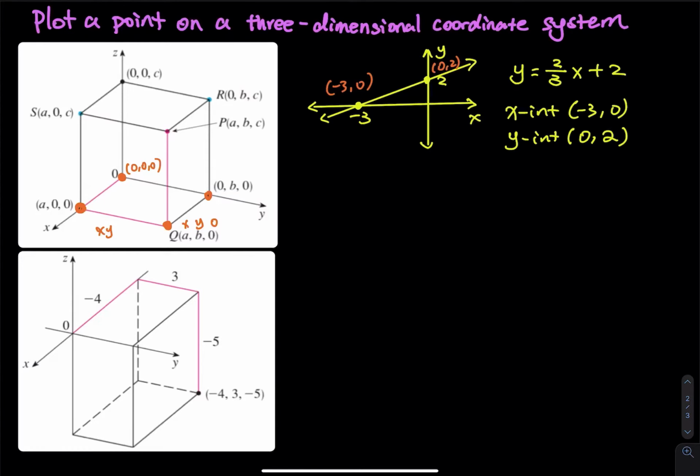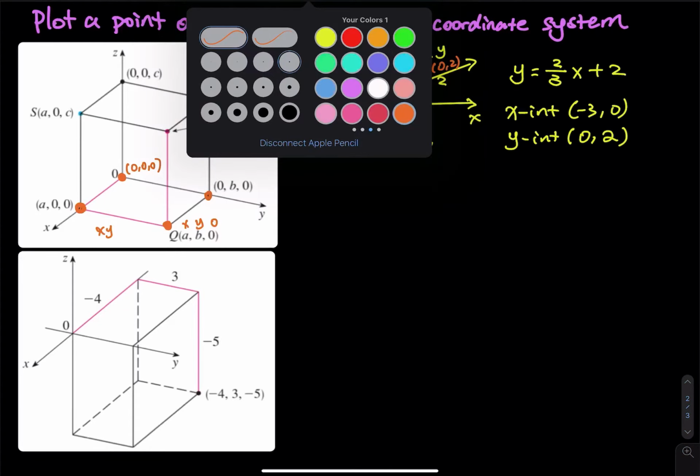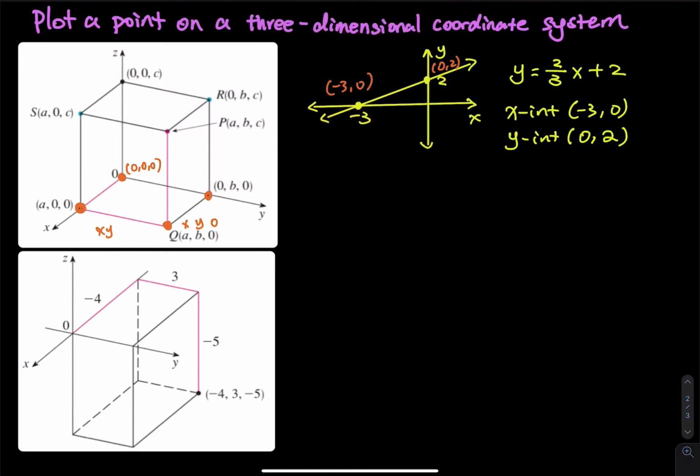Allow me to change color real quick, and then we want to look at the four corners on top. The first one that I want to look at is the one on the z-axis. So z is equal to some value, that value is c, whatever that is, and then x and y must be equal to 0.